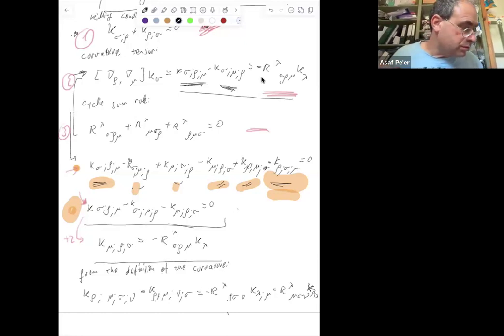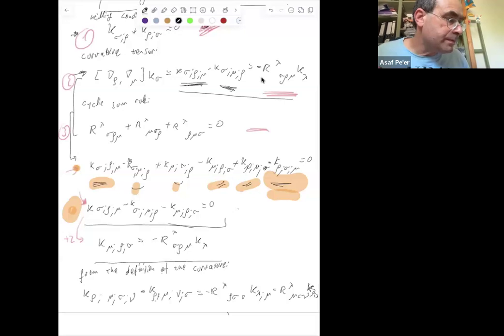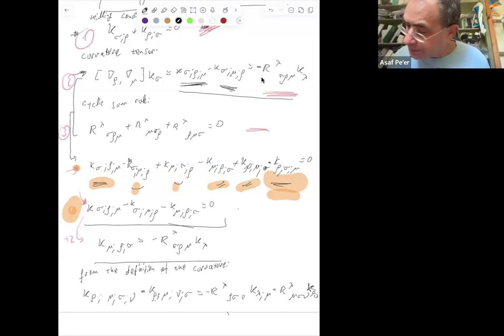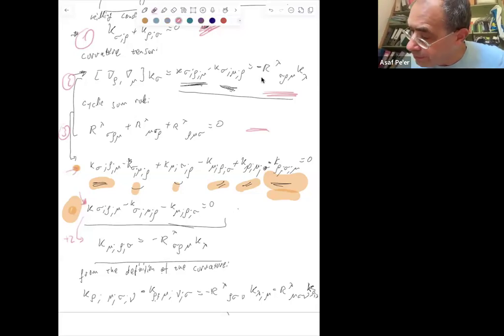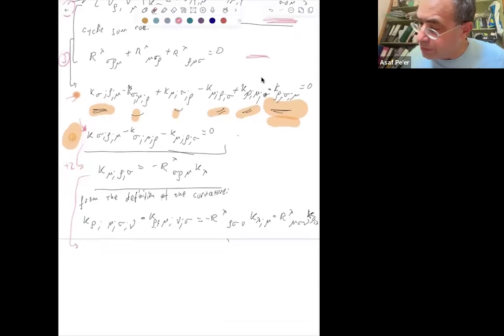Now we take this equation from here, and we want to use these two equations combined.